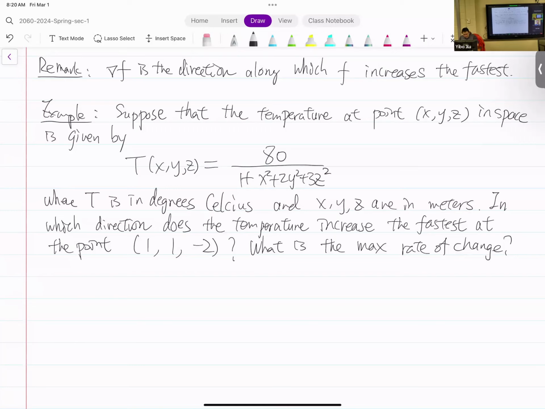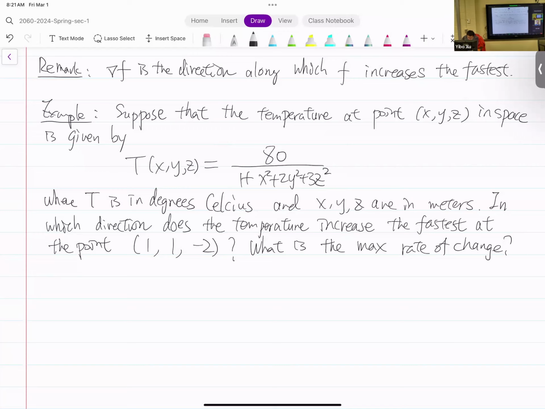And then the magnitude of this directional derivative is exactly the magnitude of the gradient. So the most important thing here is to calculate the gradient. We also need to realize that this is a fractional function, so if you do the partials, for every component we just need to do the chain rule.